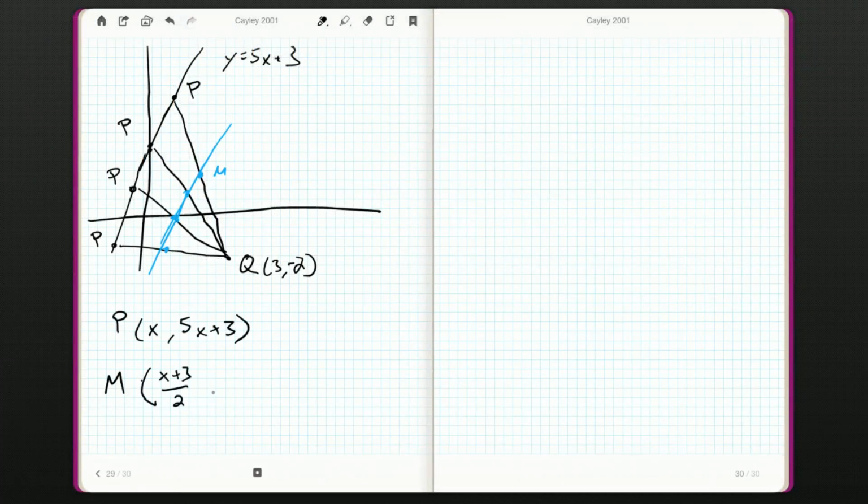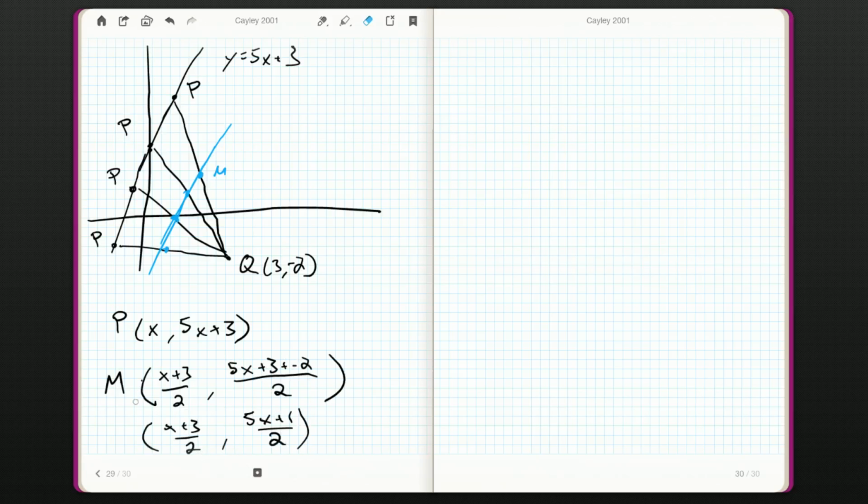So the average of the x coordinates and the average of the y coordinates. Okay, we can simplify that a little bit: (x plus 3) over 2 and (5x plus 1) over 2. This is in general what M is going to look like.